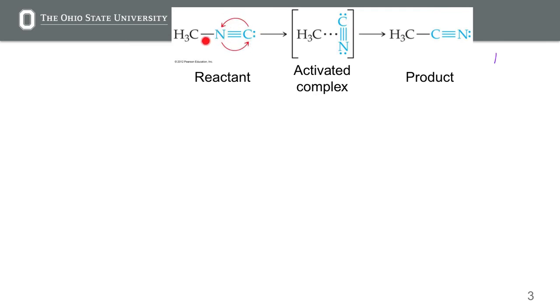So then the carbon is bonded to a carbon, then triple bonded to the nitrogen. This doesn't just go from one to another; we have an intermediate state that we oftentimes call an activated complex or a transition state. It's the thing that exists between the reactant and the product. It could also be referred to as an intermediate.